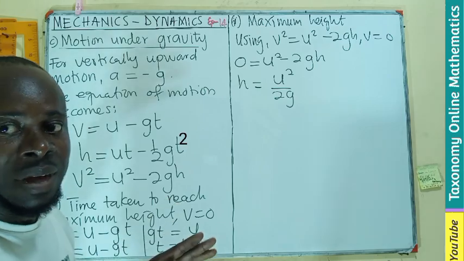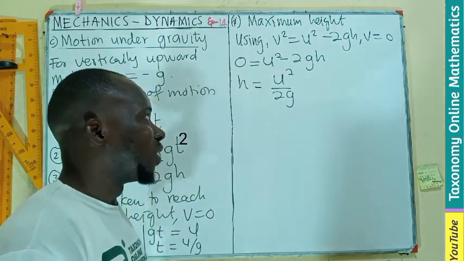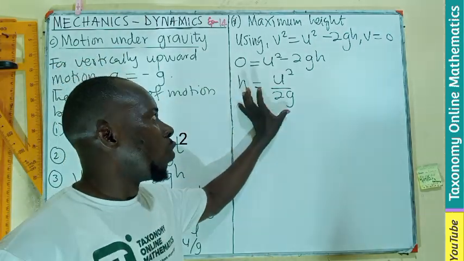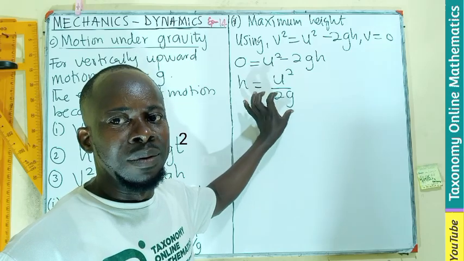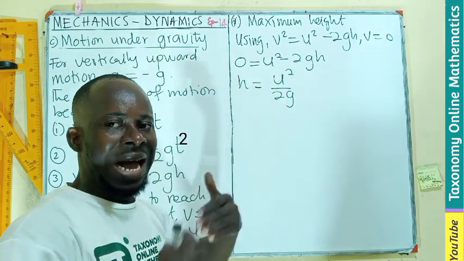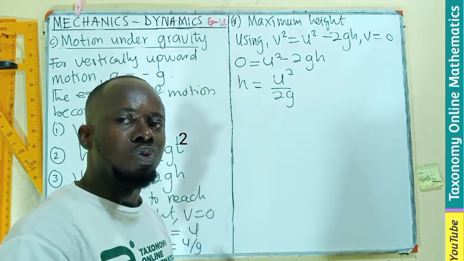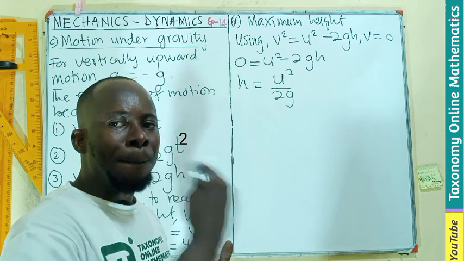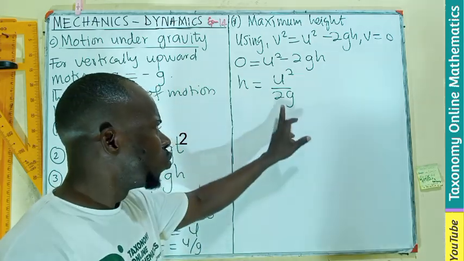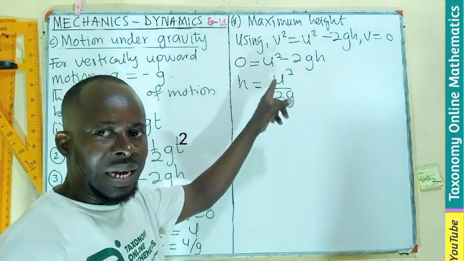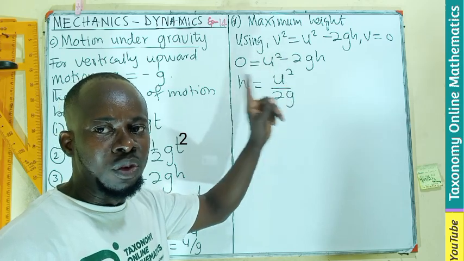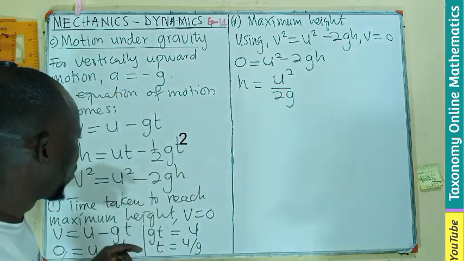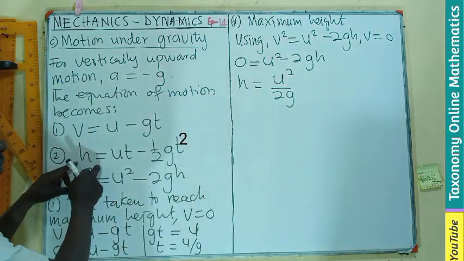I'm not doing change of subject. I'm just trying to show that it is not compulsory to also start with this. I'm mentioning this for you to know the kind of equations that can be used to solve questions where you are asked to find maximum height. We can use it directly, knowing that the final velocity is going to be 0. Or we can also use this.